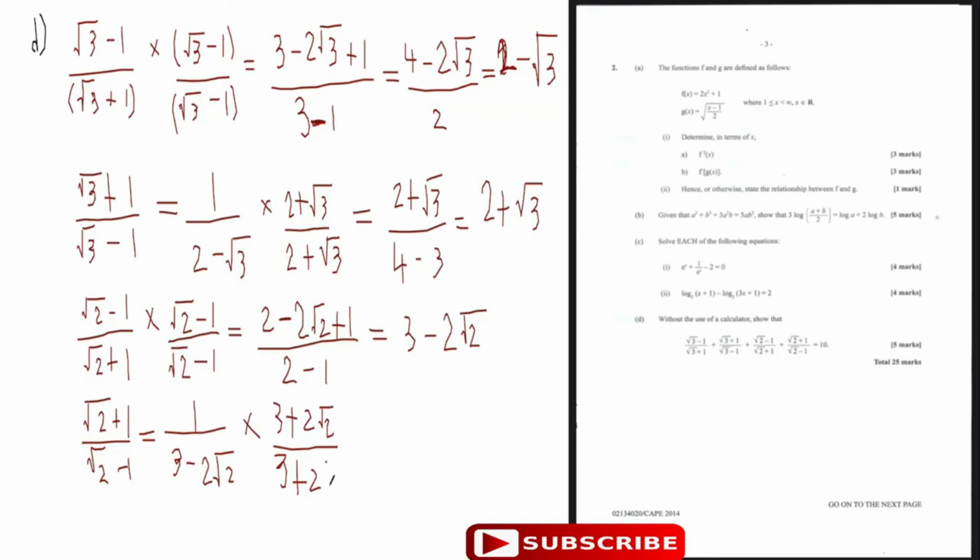So what do I get? The numerator works out to be 3 plus 2 root 2 over the difference of squares: 3 squared, which is 9, minus 2 root 2 squared, which is 8. And so that just works out to be 3 plus 2 root 2. So good now, really good.